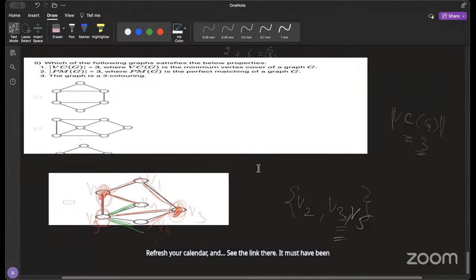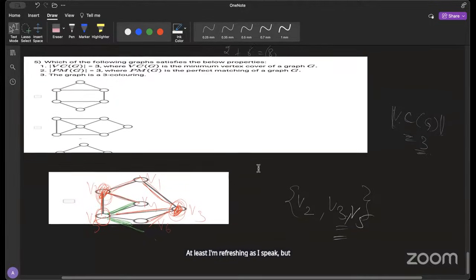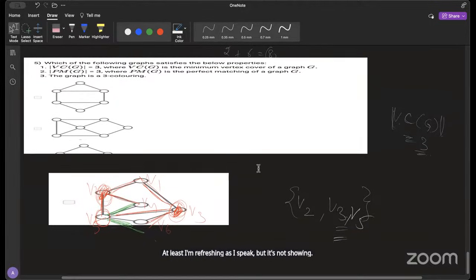Can somebody paste a link in the chat window, please? Someone has pasted the link in the chat. Okay, I'll take it. Thank you.